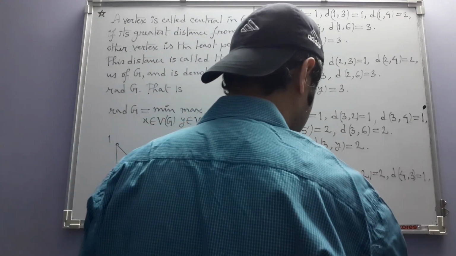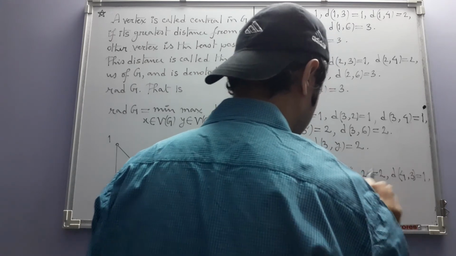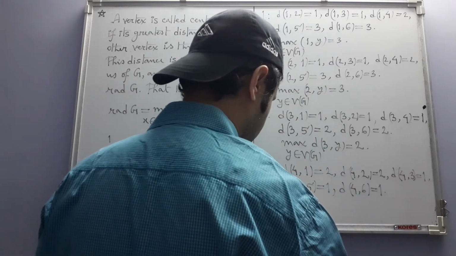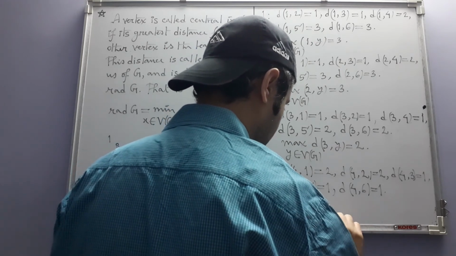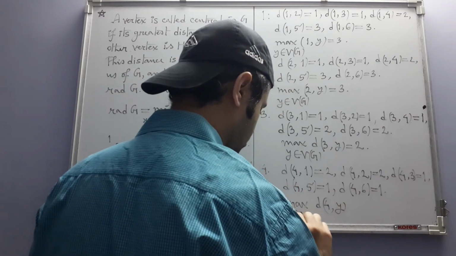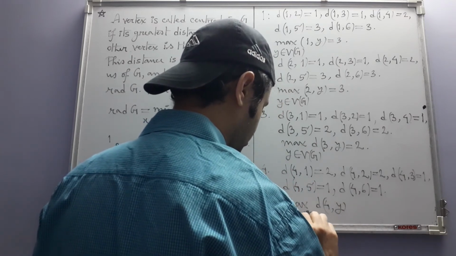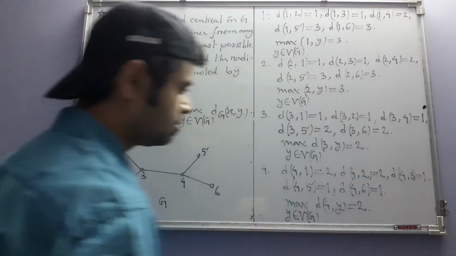And also the distance between 4 and 6 is 1. So in this case also the maximum is 2.